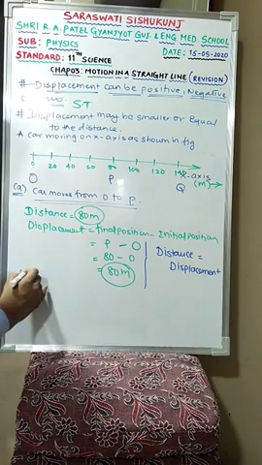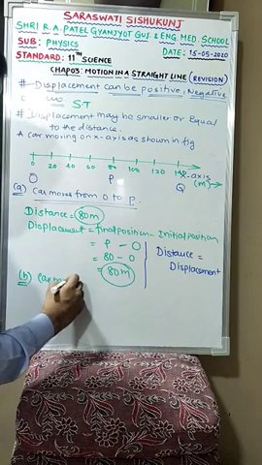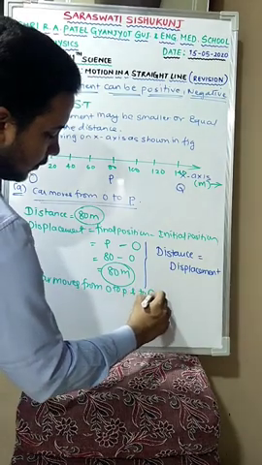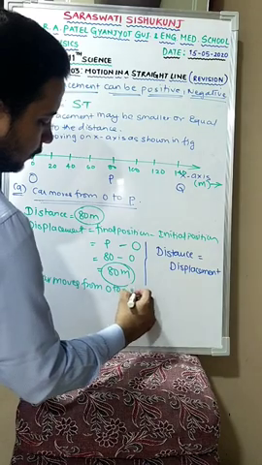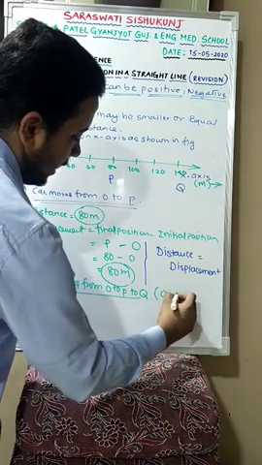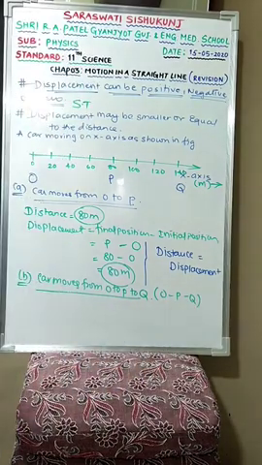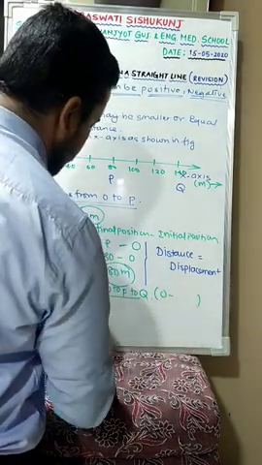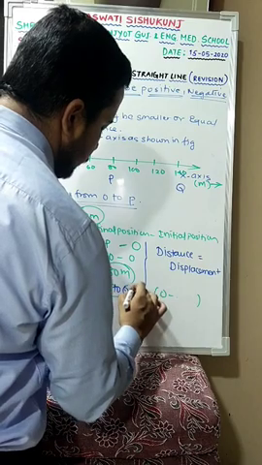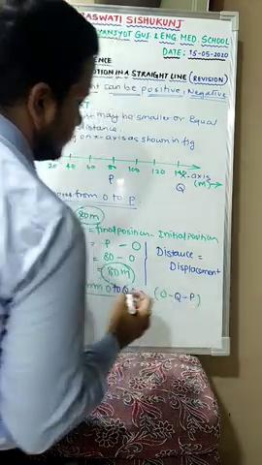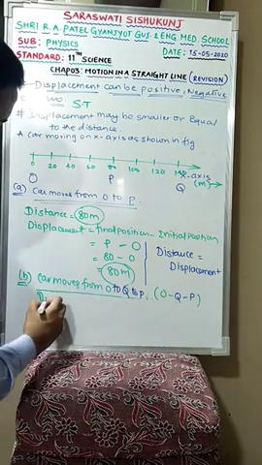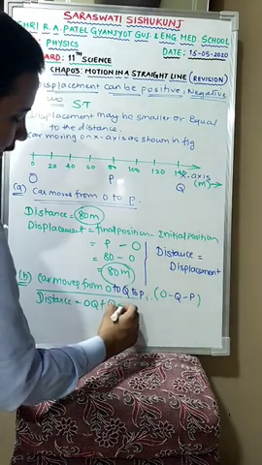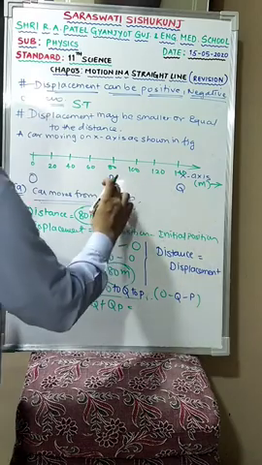If I take one more example, the car moves from O to Q to P. This is the start point and this is the finish point.